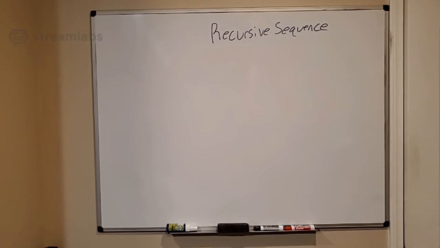I'll give you a bonus point if you can get this right. Okay, so do you just know the first numbers, or do you know what the Fibonacci sequence actually is?